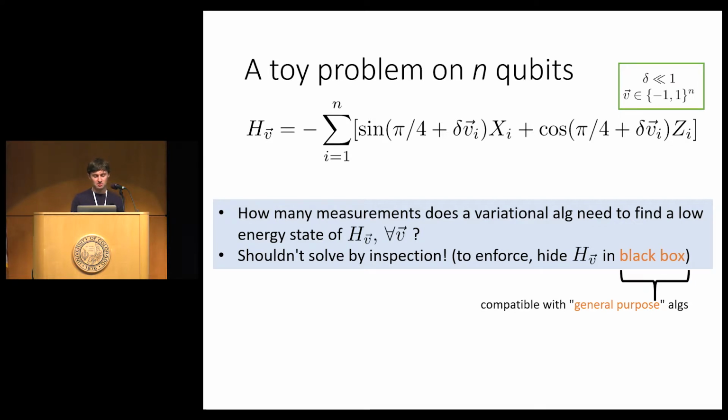What this means for our bounds is that these bounds should be seen as applying to general purpose variational algorithms, by which I mean ones where the classical outer loop doesn't use very detailed knowledge about the structure of the Hamiltonian to perform the optimization. So a few slides ago, when I listed a bunch of optimization algorithms, those would all fall into this general purpose category.